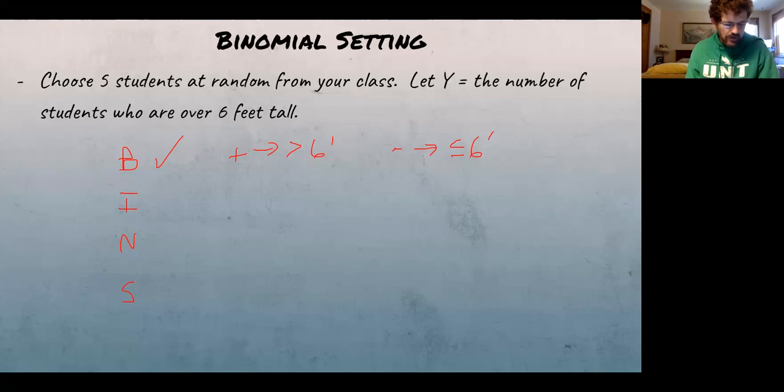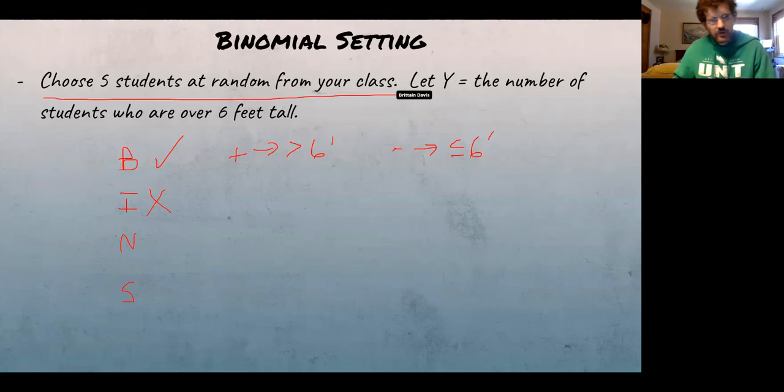Maybe the wording here is a little bit vague, and could be improved. But assuming what they mean is, I'm going to pick a student, and they're going to be part of the sample. I'm going to pick another student, they're going to be part of the sample. And we can't pick the same person 5 times in a row.